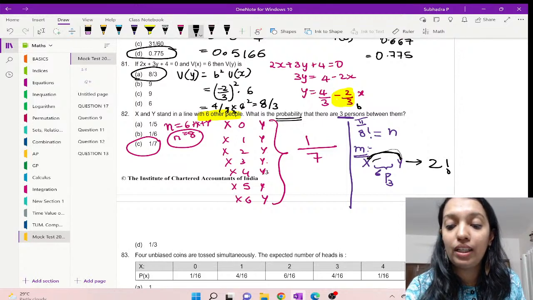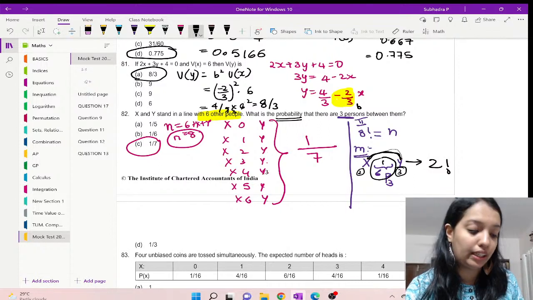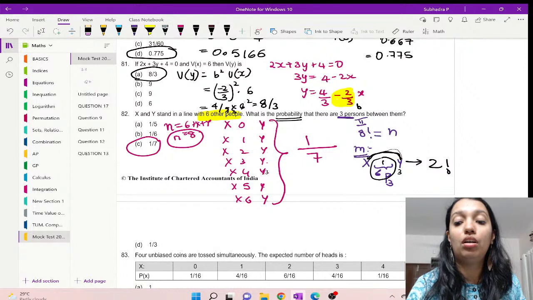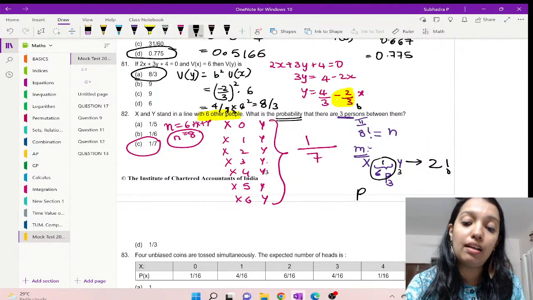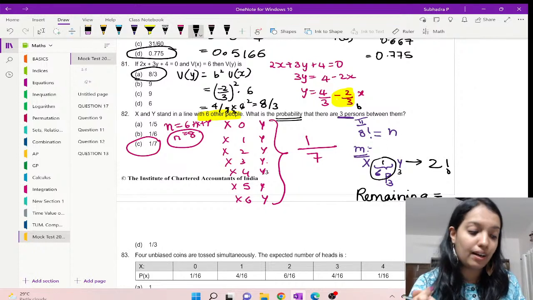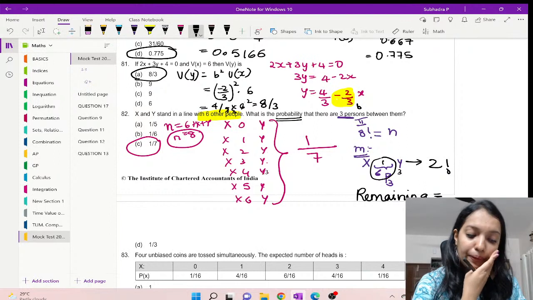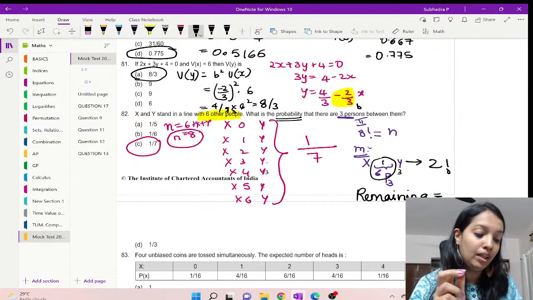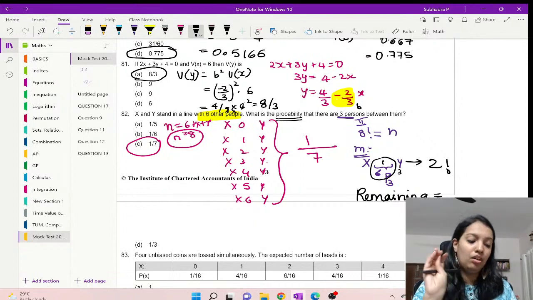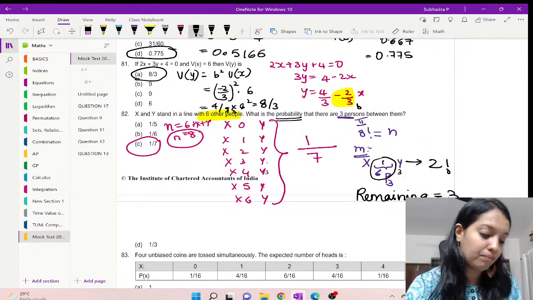This is unit number 1. This is unit number 2. This is unit number 3. So, how many more people are left out? If you place 3 people here, there are totally 8 people, correct? From 5 people, we are taking 4, so remaining there are 3.